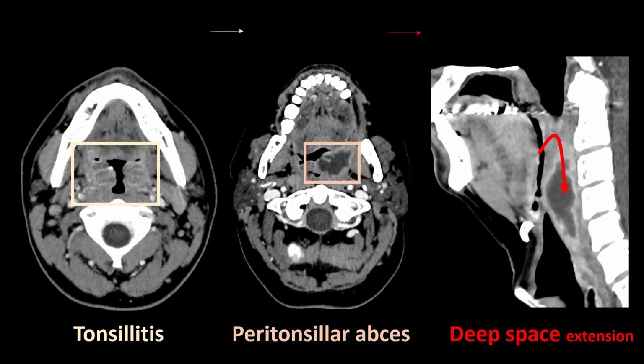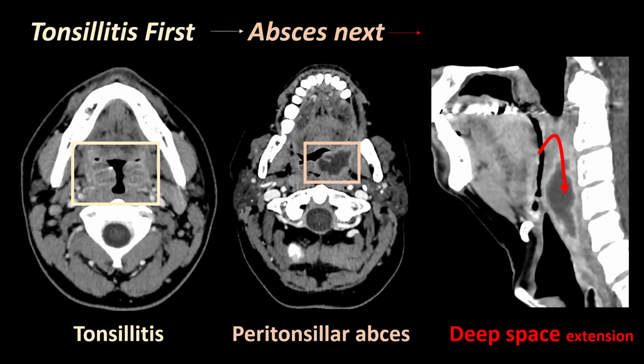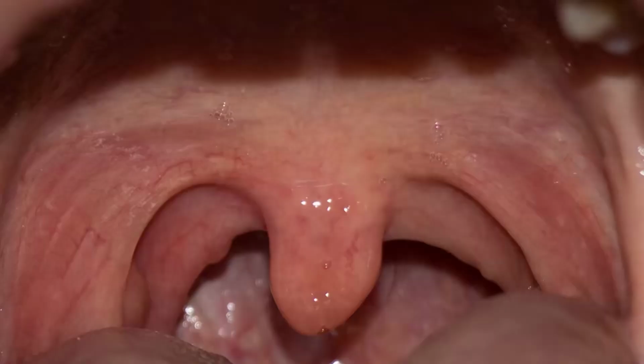So when evaluating tonsillar infections, know that they always start as tonsillitis, that they can evolve into an abscess, and if the pathological process continues, they can involve other neck spaces, even the retropharyngeal space, which is the worst space, because when the danger space gets involved, your patient has the risk of developing mediastinitis, which is a lethal infectious disease.